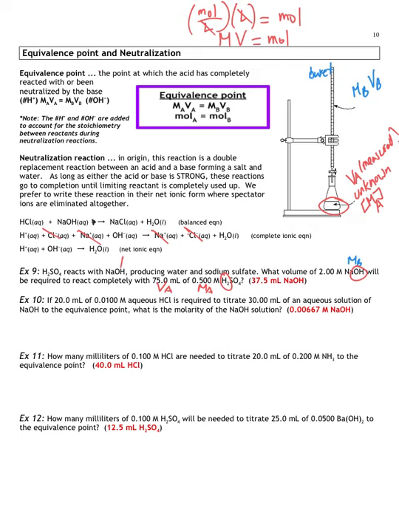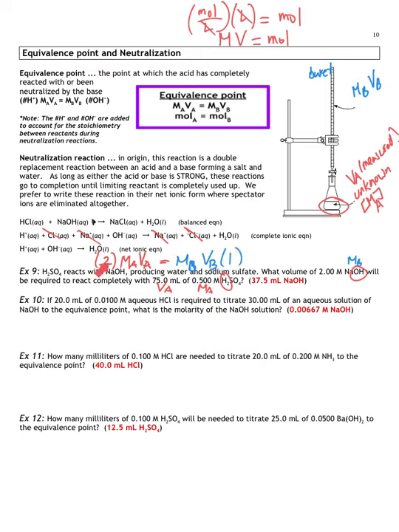So my equation is going to look like this for this problem. MA VA times 2, because it's diprotic, equals, I won't color coordinate all the problems because it takes a little time, MB VB times 1, because it's monobasic.